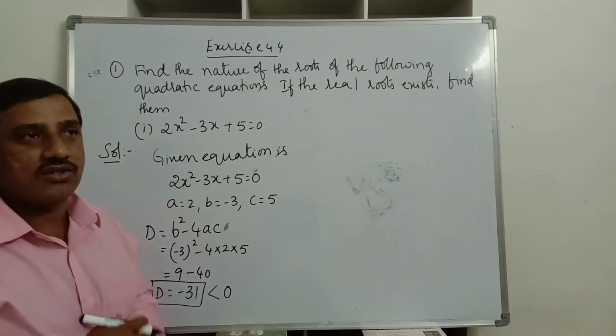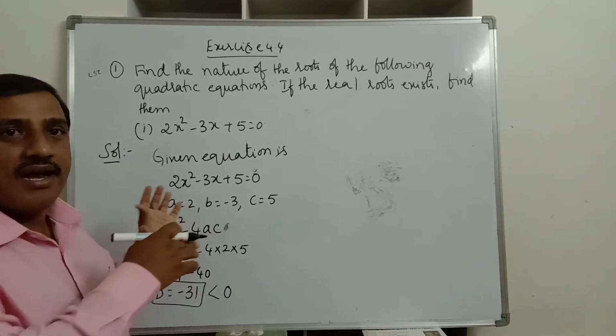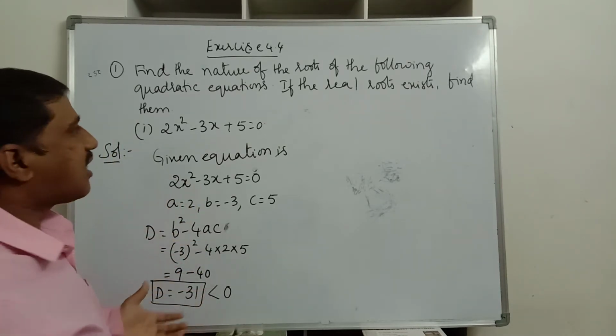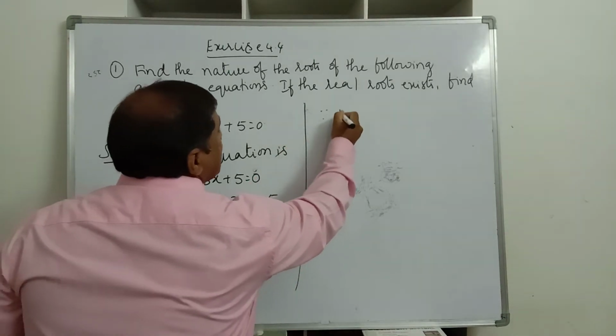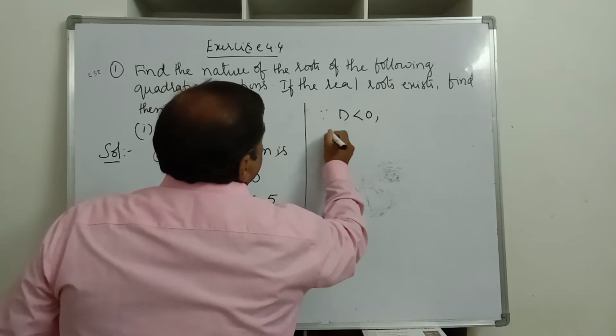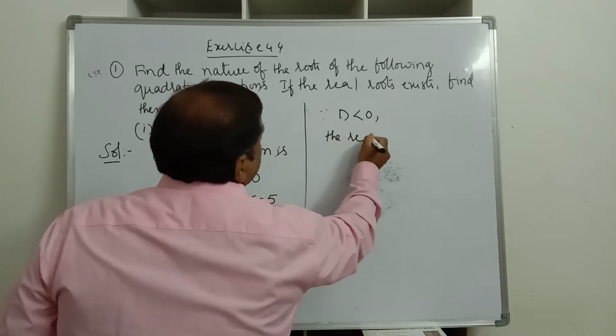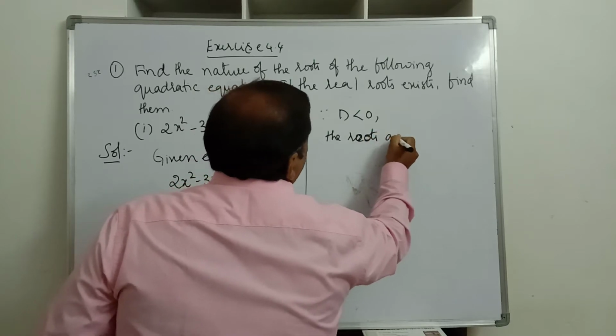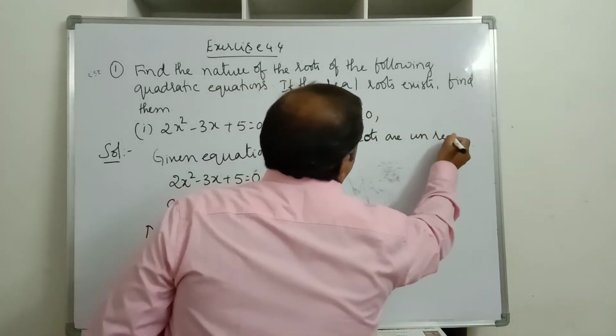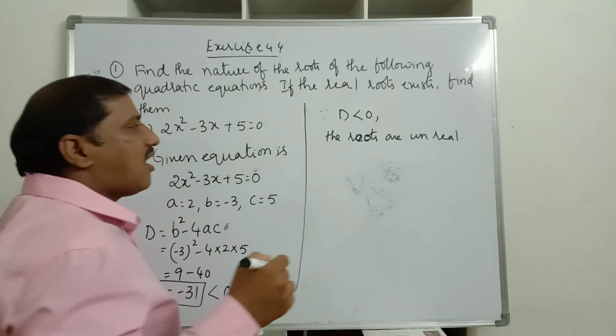Negative value we got. So what is the nature of the roots when d is less than 0? The roots are unreal. Since d is less than 0, the roots are unreal, that is, real roots do not exist.